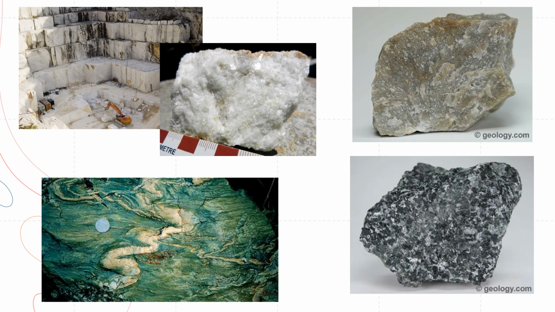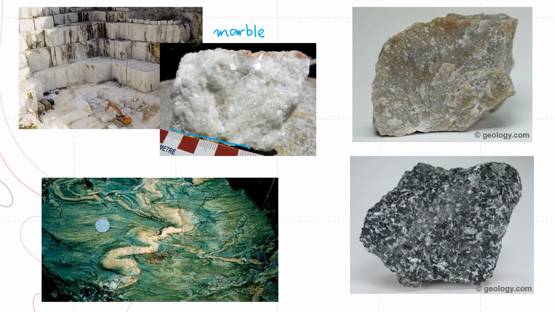In the top left corner, we have an example of marble. Here we have a hand specimen that shows a coarse-grained marble, judging from the grain size based on the scale here.